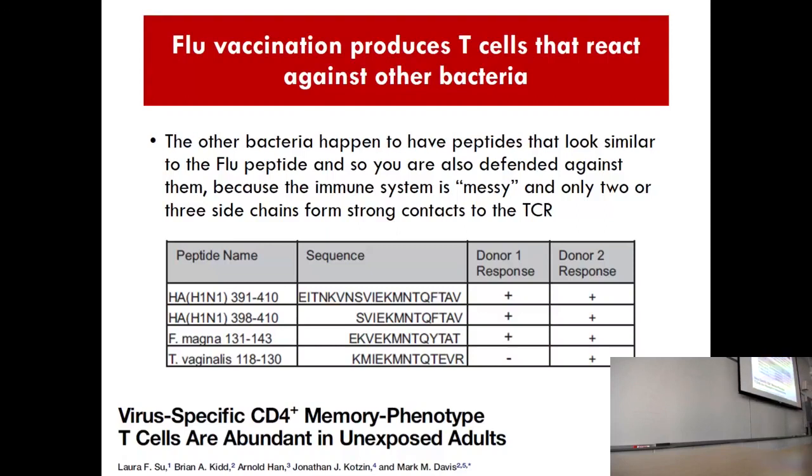So they said, hey, let's test this idea. Let's take flu-vaccinated T cells and see if they recognize it. In 3 out of 4 cases, they actually recognized it, from 2 different donors. Basically, if the peptide looks enough the same, then you can get some protection from F. magna. I don't even know what that causes, but the flu vaccine protects against it for these donors who respond to this peptide.